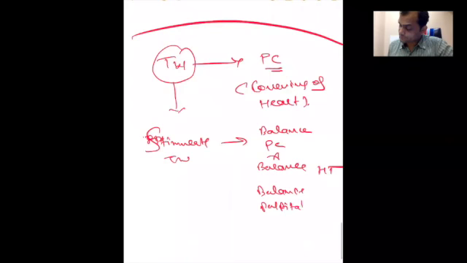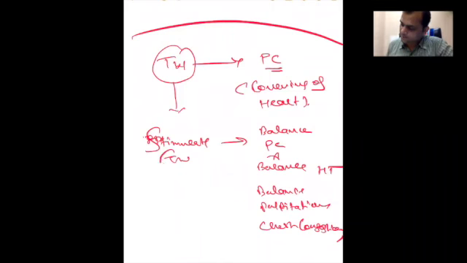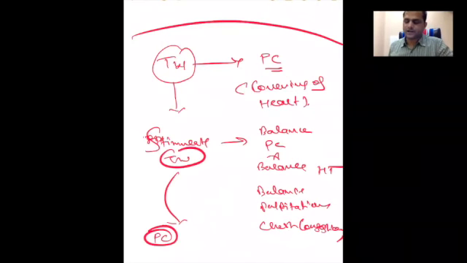It will balance chest congestion. So it will balance multiple conditions connected with the chest cavity, because as soon as you insert the needle on the triple warmer, it will balance our couple, that is the pericardium, and the pericardium is the covering of the heart.